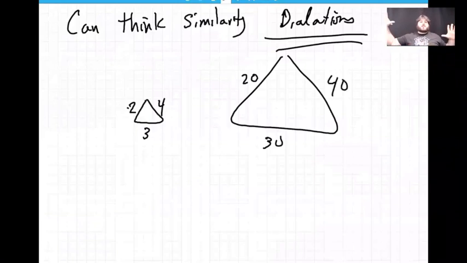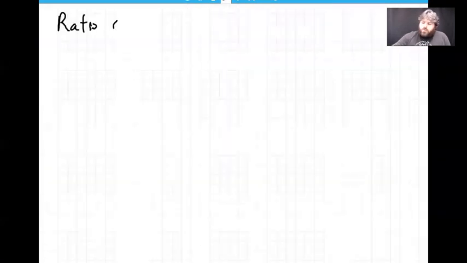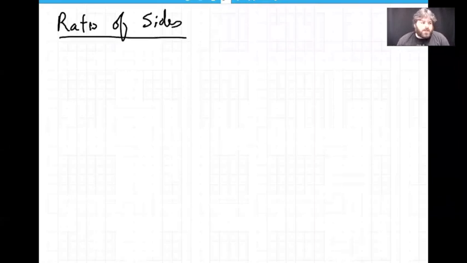It's a dilation, so it's an expansion. So they work very, very similarly, and again, that uses that scale factor of 10 in that dilation.